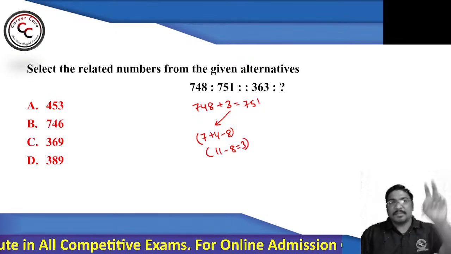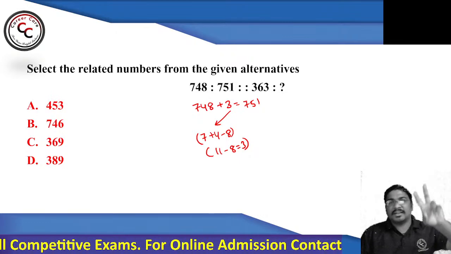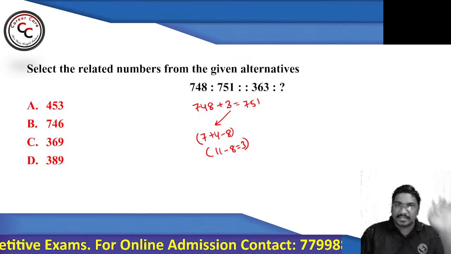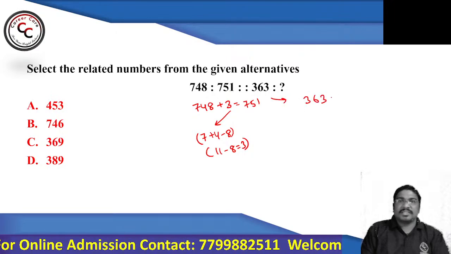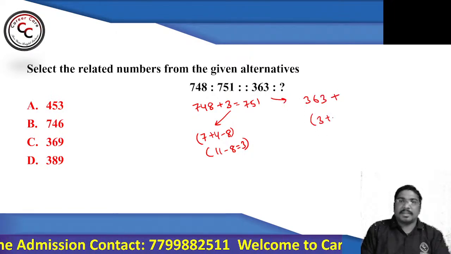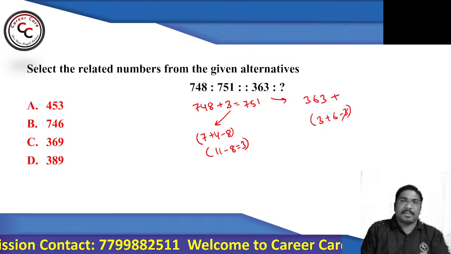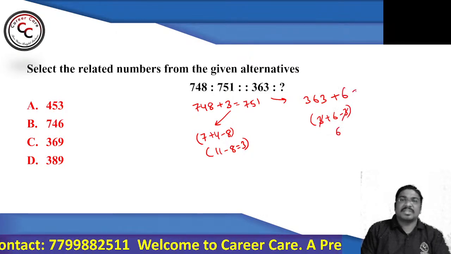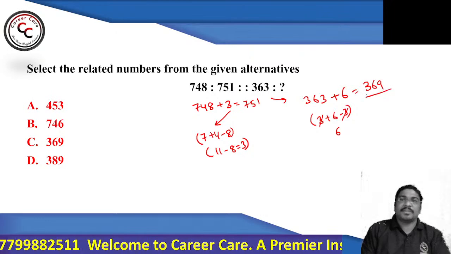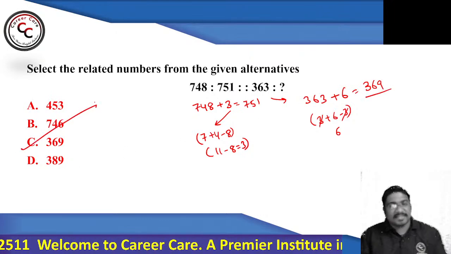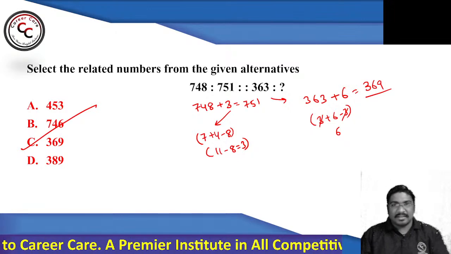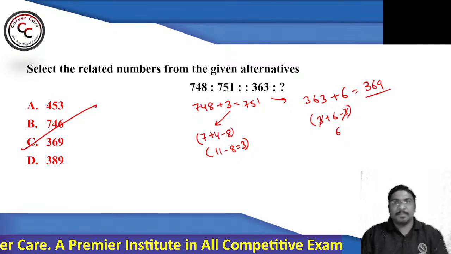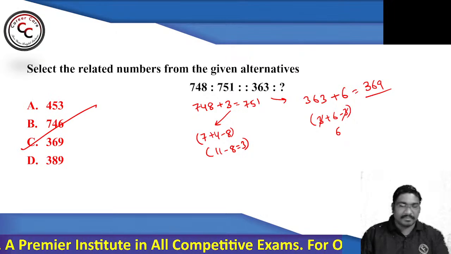So the sum of the first two digits minus the last digit. Similarly, for 363, 363 plus 3 plus 6 minus 3. So plus 3 and minus 3 get cancelled, so 363 plus 6 simply becomes 369, which is option number C. Right? So I hope this particular pattern is clear.